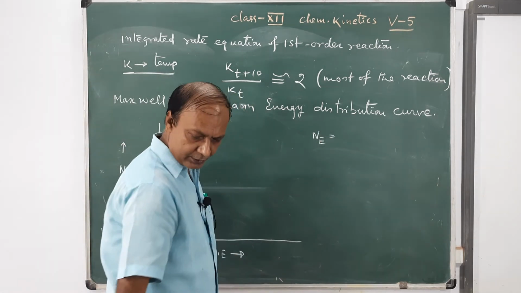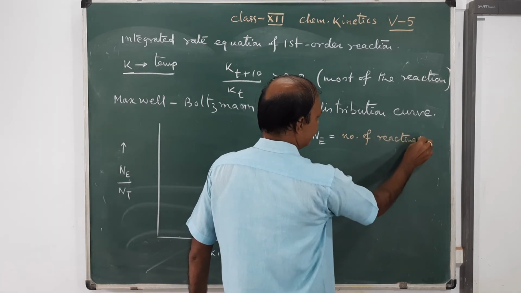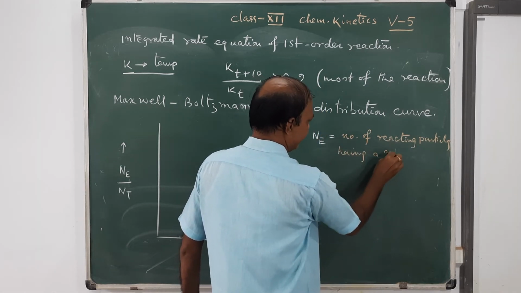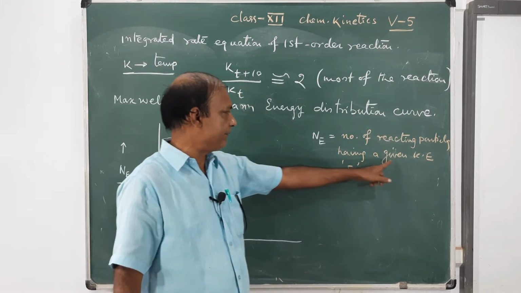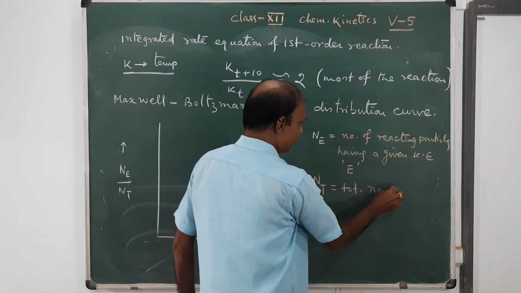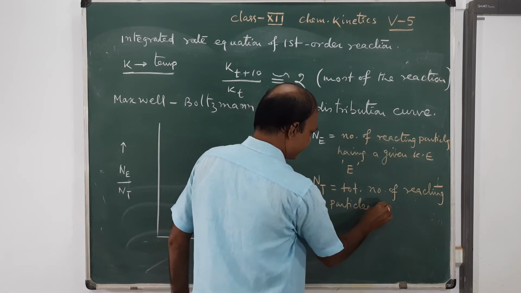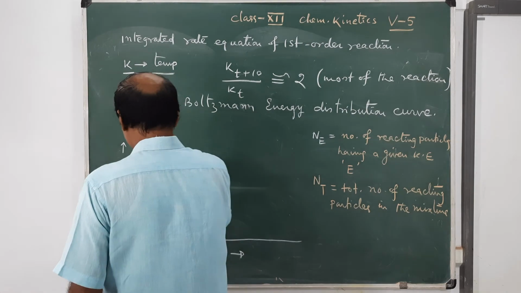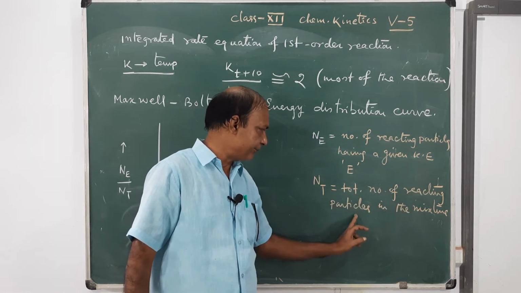Ne is the number of reacting particles having a given kinetic energy E. And Nt is the total number of reacting particles present in the system, the particles in the mixture. So Ne by Nt is a fraction.